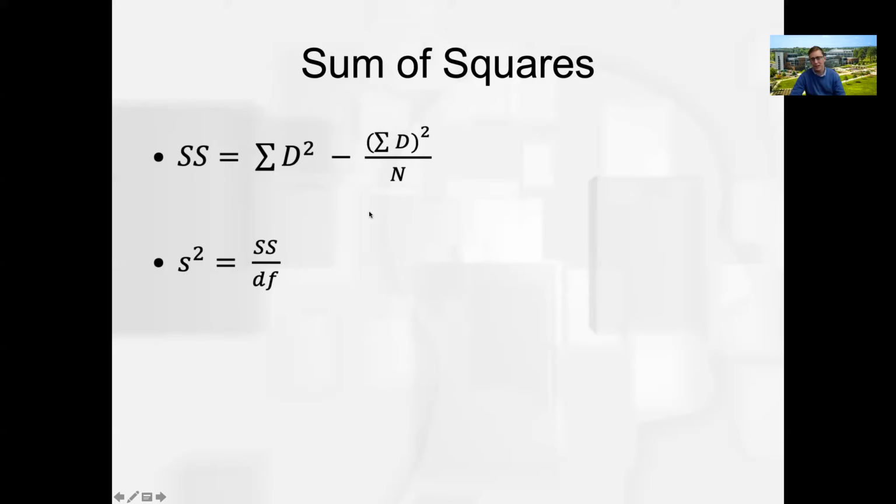So you can see it's the exact same thing, but the reason we add this different signifier is because it's not X, right? X indicates an individual observed value. The D represents the difference score between two values.